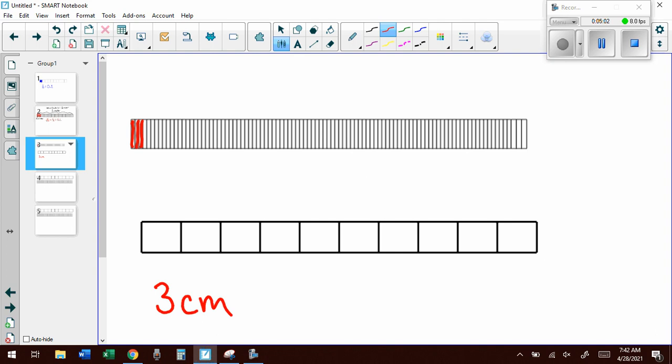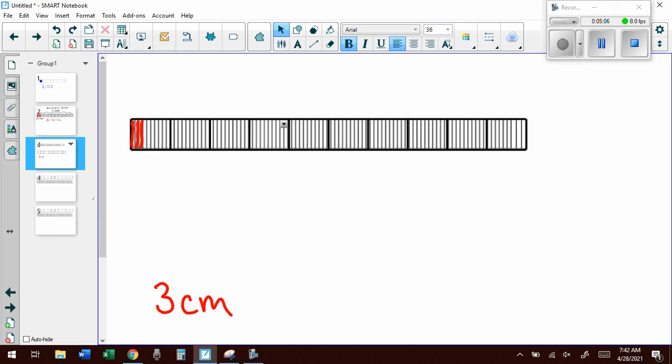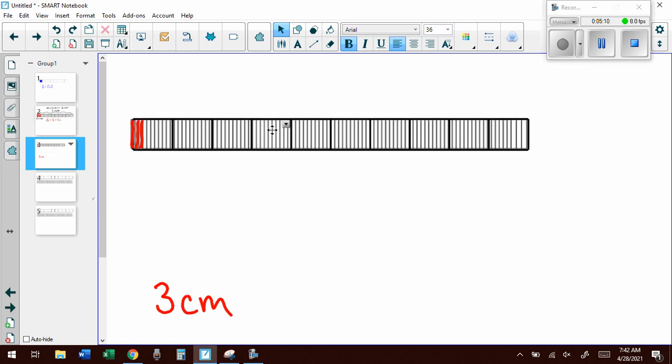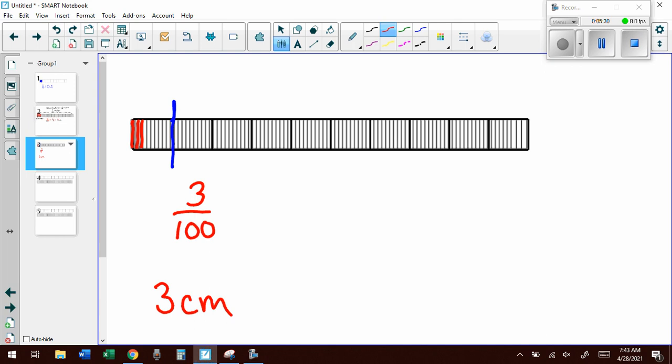I bring up this tool that we're used to. And now I see that I have shaded in 3 centimeters, but I have not shaded in 1/10 yet. So I don't have any tenths. So I've shaded in the fraction 3/100ths.